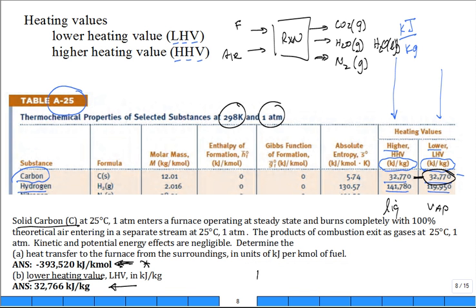Well, the lower heating value is going to be the negative of the Q dot CV divided by N dot fuel, divided by the molar mass of the fuel. So I move from a molar basis to a mass basis, that's all. So you take this number and you divide by the molar mass of carbon, 12.01, and you get that answer.